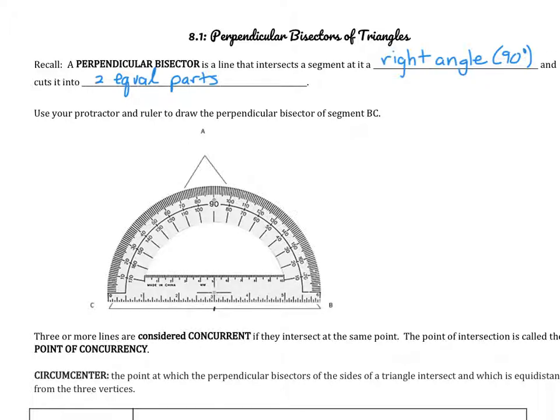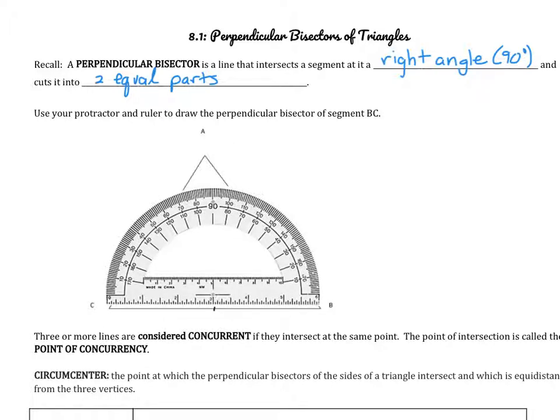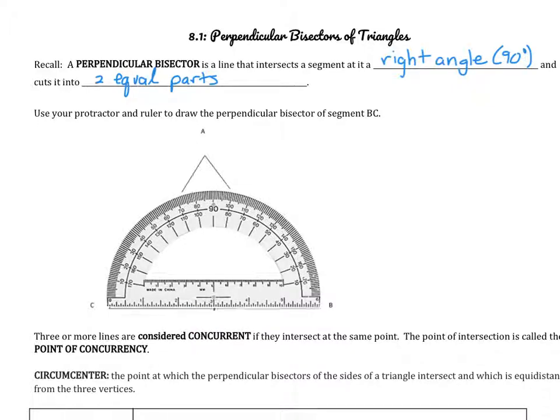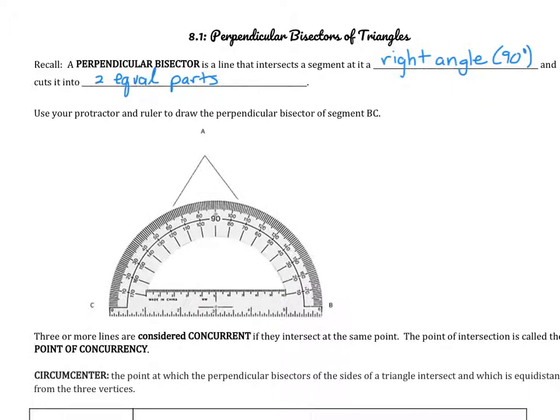So remember, you take your protractor and you move the little circle, this little middle point right over your dot, and you're going to try to line up this line with BC. So I'm going to try my best. It covers it up, but do the best you can. And then here we're going to mark where 90 degrees is, which is about right here.